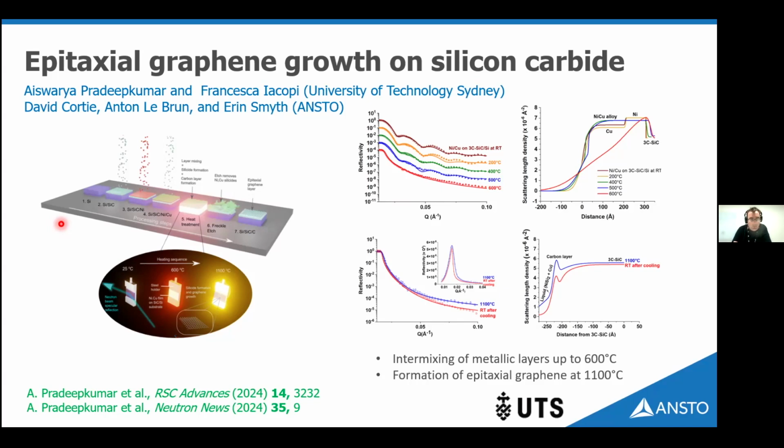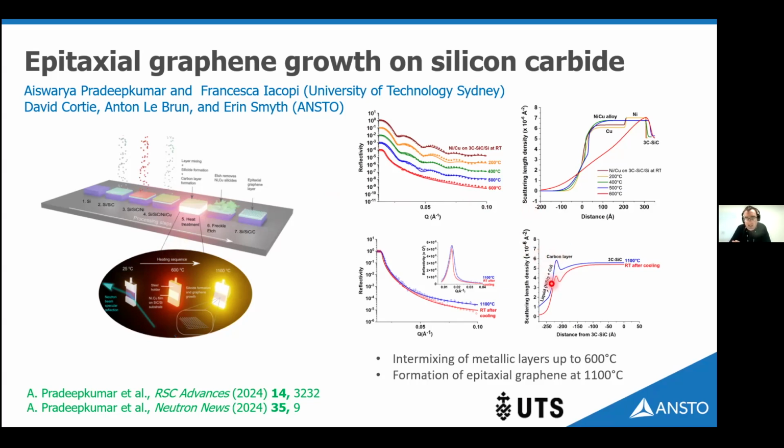And what we looked at was the heat treatment stage in situ with the furnace, and the first step was to heat the sample up to 600 degrees C, and in this you lose all the Kiessig fringes. Reflectometry becomes quite featureless, and the surface becomes rough. But then you heat it further to 1,100 degrees, and then in the SLD profile, you can start to see this carbon layer forming.